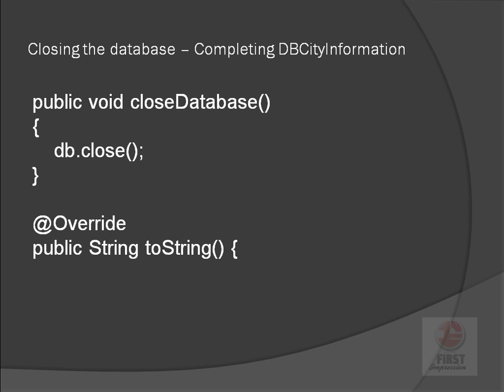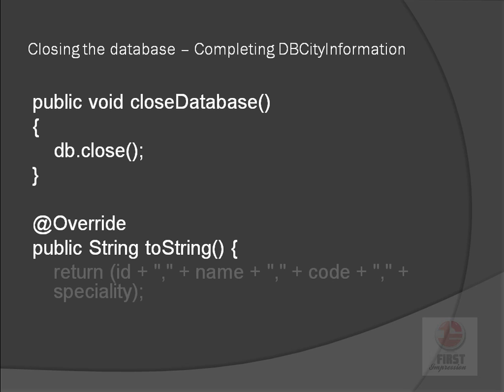Okay, let me reiterate that once again. We will get all the information of the city inside an array list. We will be adding this array list inside the list view. When we add the array list inside the list view, at that time the list view will call the toString method of each of the objects of this array list. So whatever we write inside the toString method over here will be displayed inside the list view.